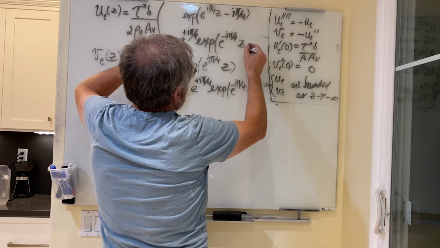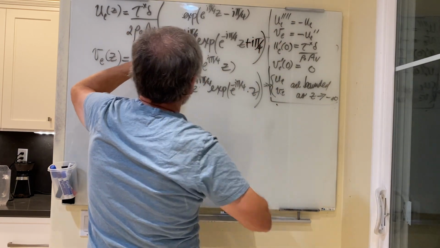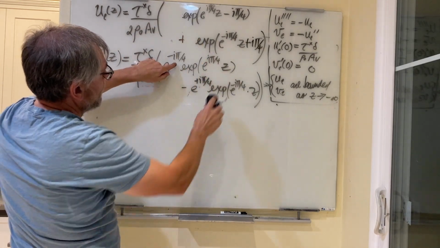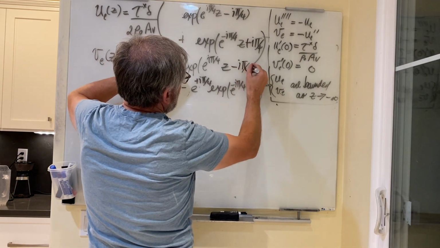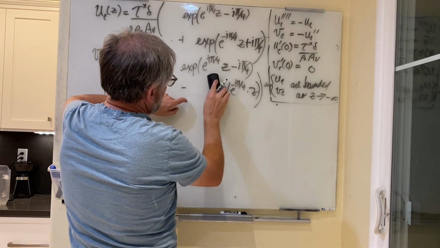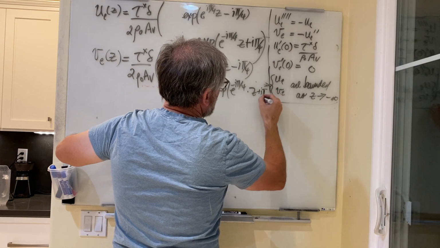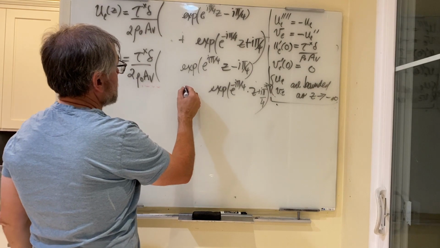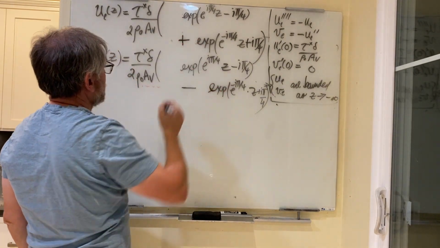So I get plus i pi by 4, and then this one is gone out front. Same thing here: I can bring this minus i pi by 4 over here, and this one inside. Plus i pi by 4. Alright, and this was a minus, I think. Plus.